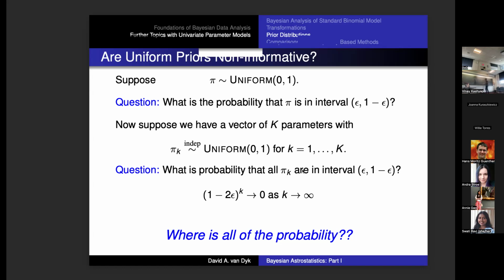And I have a uniform prior, and what I'm asking is I have some epsilon value, which means some small value. And here's 1 minus epsilon. What's the probability that I'm between epsilon and 1 minus epsilon? Well, there's going to be epsilon area here, and there's going to be epsilon area here. So it's 1 minus 2 epsilon.